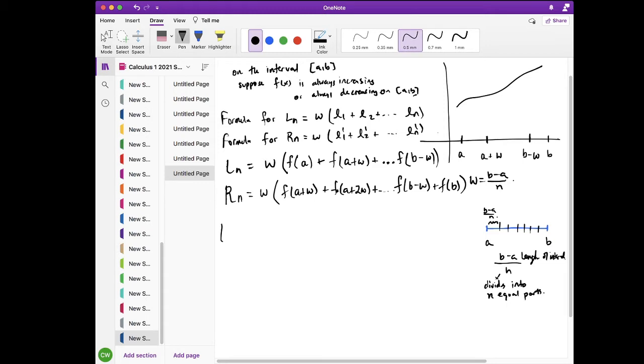Let's do R minus L. What happens if we subtract R and L? What terms go away? What term does not go away? Think about subtracting these two things. Can you give me an example of a term that does cancel?